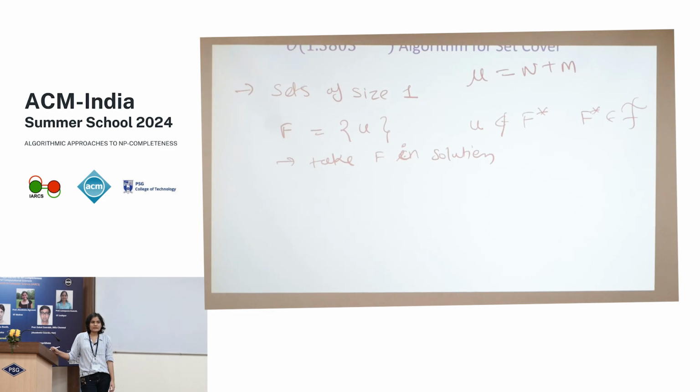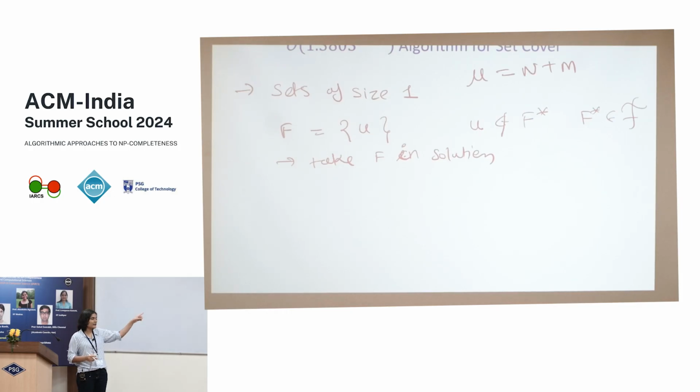Maybe the bigger set which has U cannot be in the optimized solution, so we don't take the union and take the optimum. The number of sets is what is contributing to my budget. Okay? So just by replacing one set with another set, we are not losing on solution size.